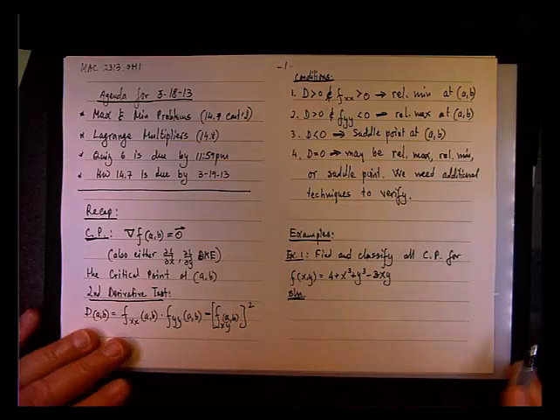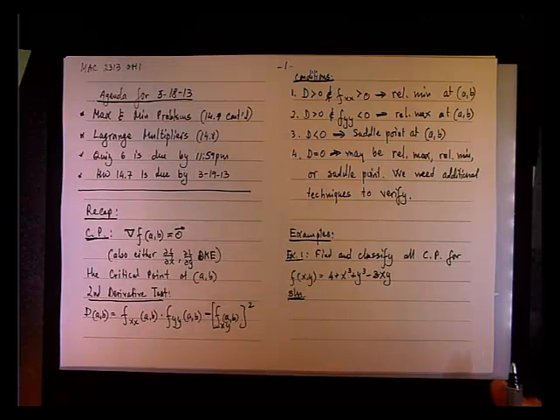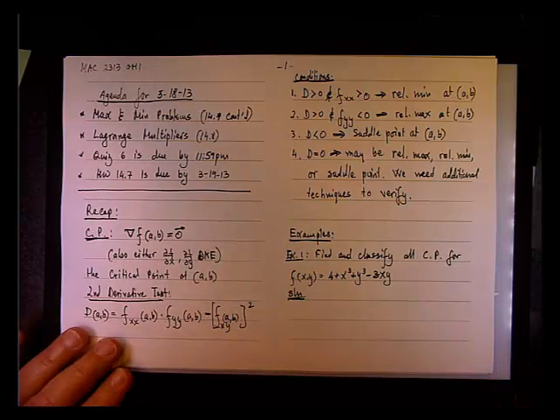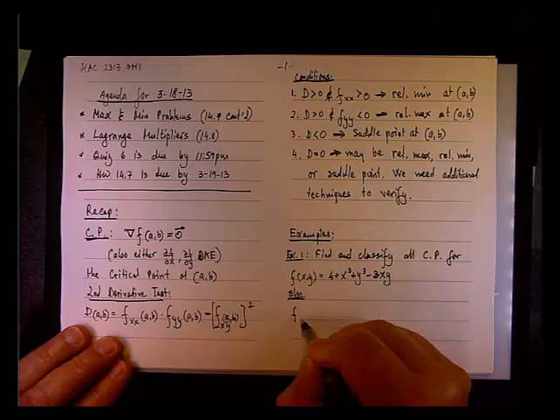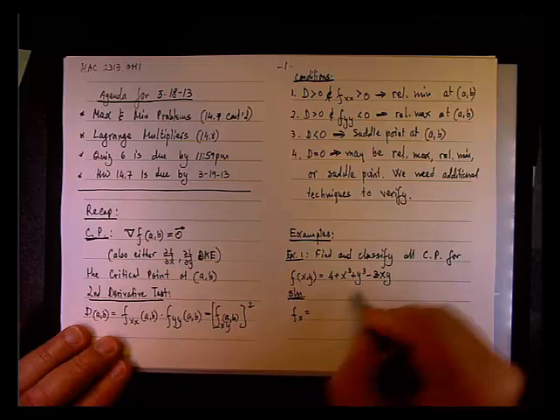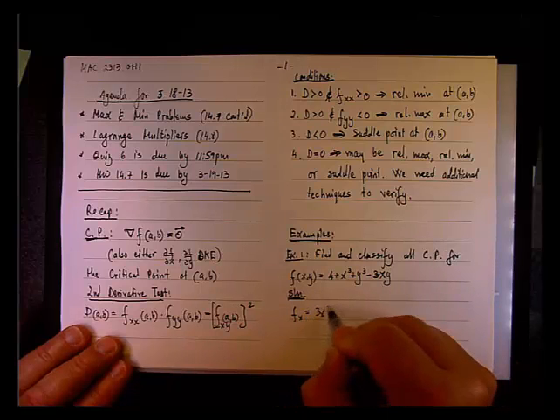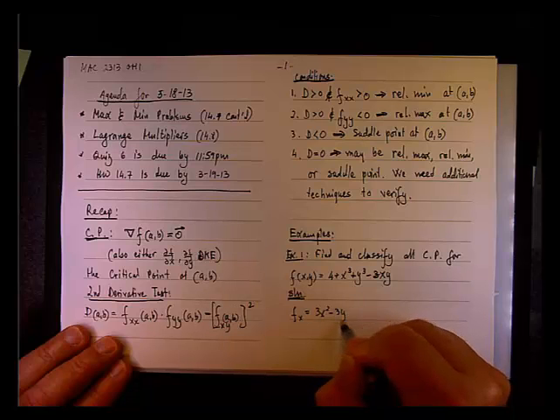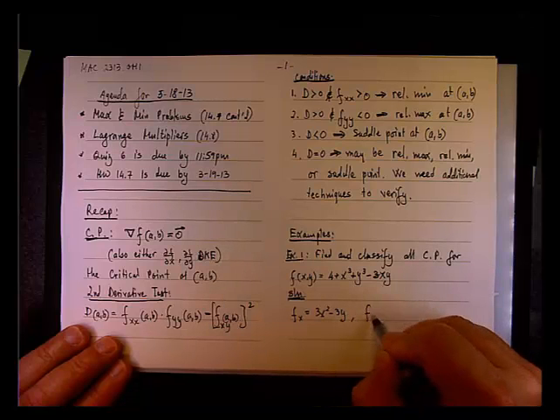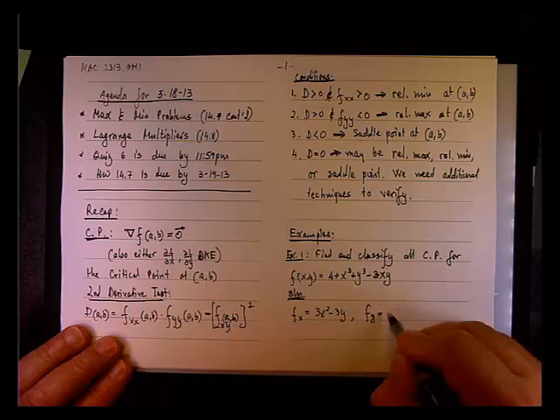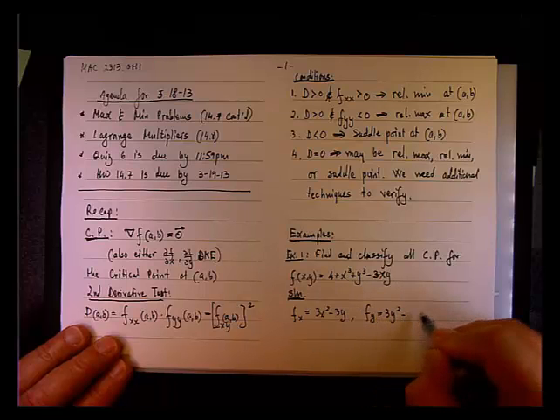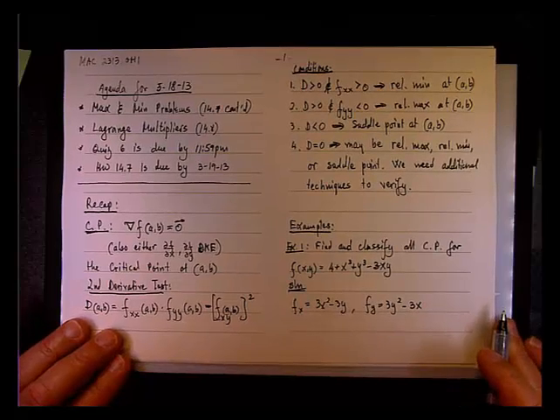Let's find out first an expression for the gradient, and then we'll try to make it zero. So the partial derivative with respect to x would be 3x squared minus 3y, right? The partial derivative with respect to y would be 3y squared minus 3x.